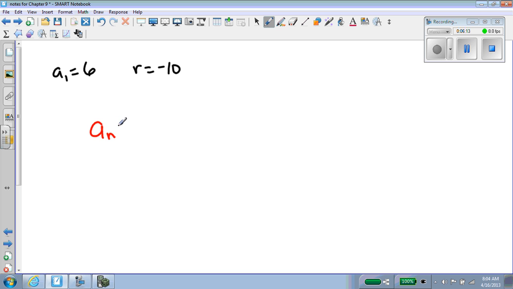A sub n is equal to 6 times negative 10 to the n minus 1. Or a sub n is equal to, if it's multiplied by negative 10, I divide by negative 10. So 6 divided by negative 10 is negative 3/5 times negative 10 to the n.